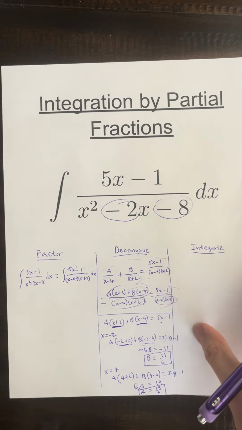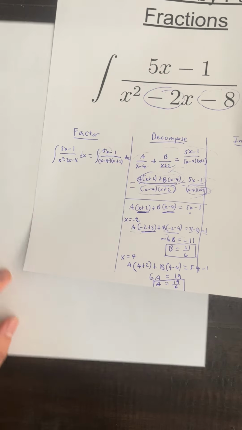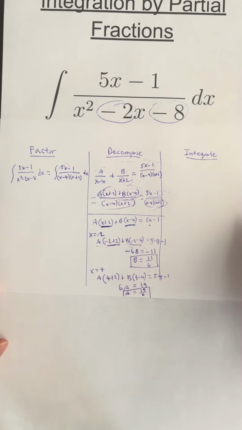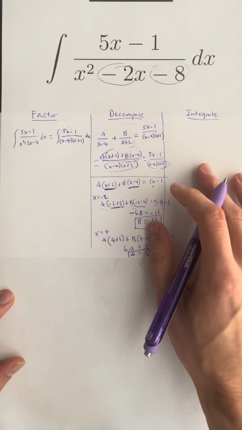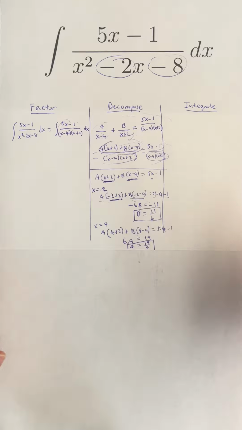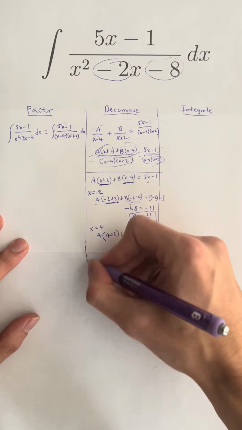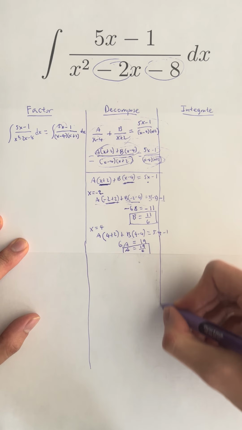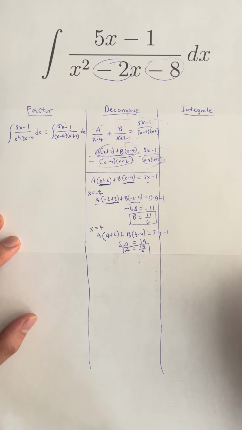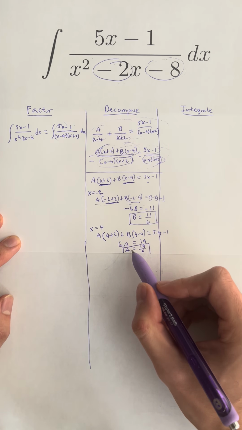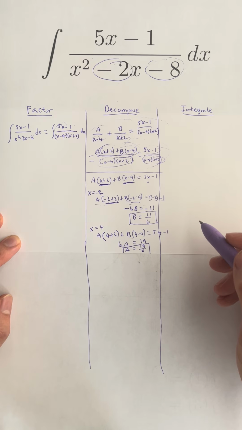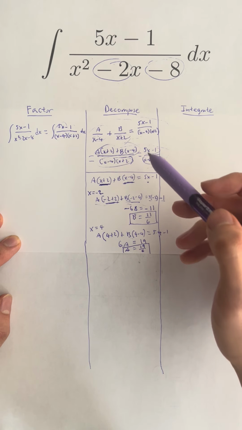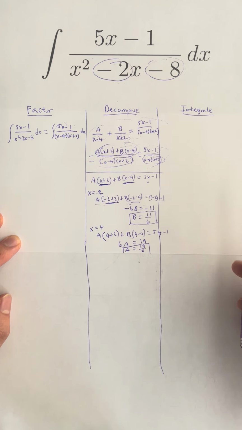Okay, I'm going to get another sheet of paper. Alright, so to summarize, what were the 2 steps for decomposition again?